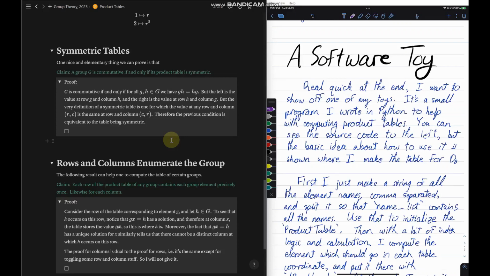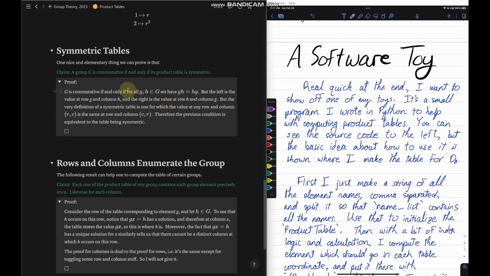So if you just stick with group element labels on the rows and columns, then what it means for a table to be symmetric is that the element located at row g, column h is the same element as what you find at row h, column g. By transposing the order of row and column, what you find in those two coordinates is always the same thing. That's what it is for a table to be symmetric.